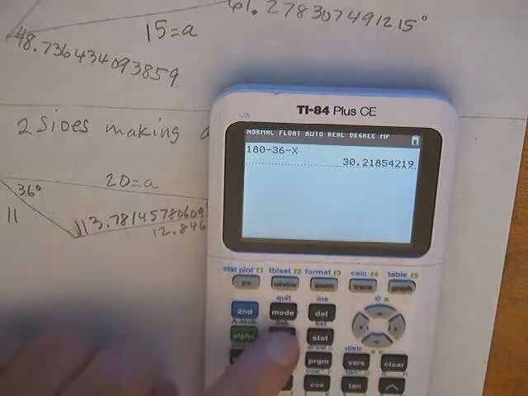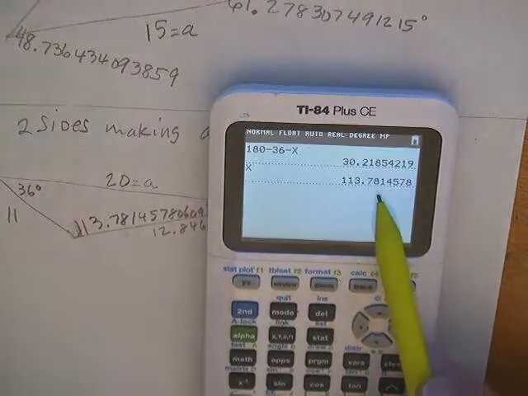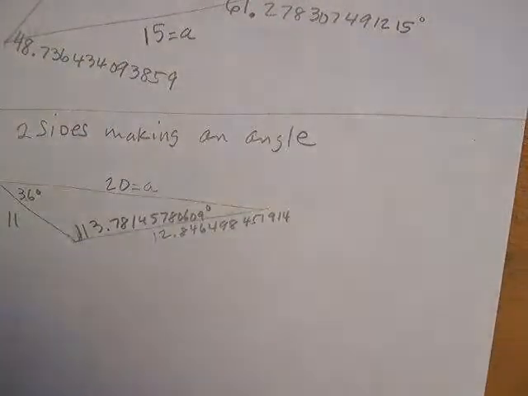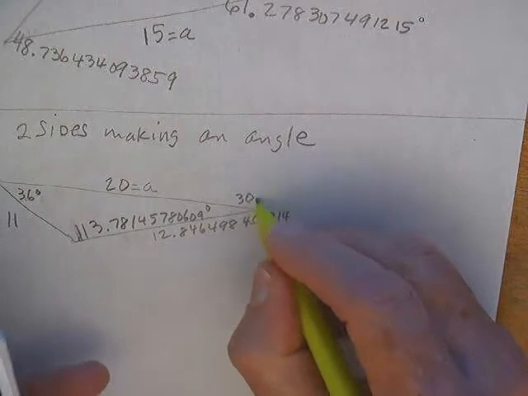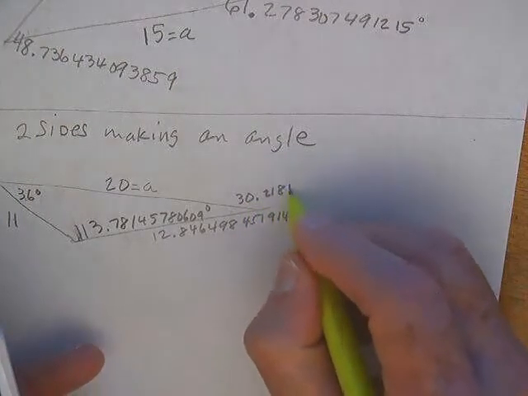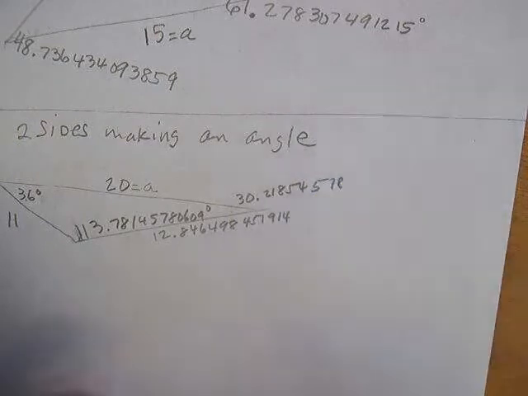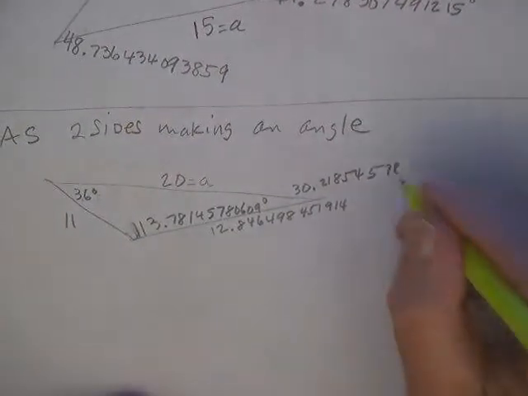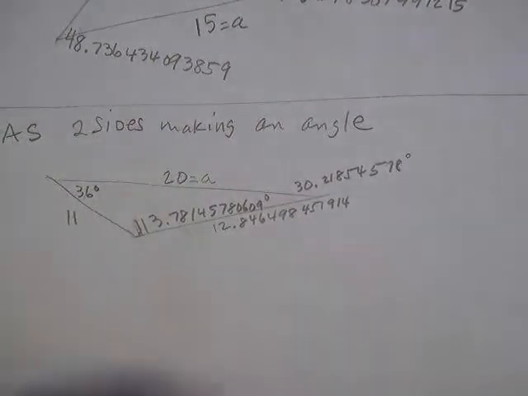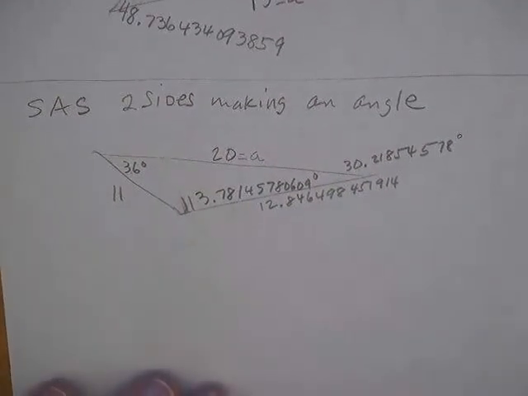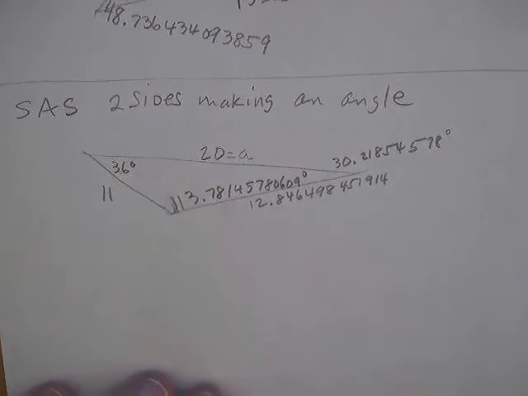It just went and subtracted it. Look, x is this number, and it's in the memory of the calculator. So this missing angle over here is 30.2185 degrees. And we're good on that one. There's the law of cosines in two examples.